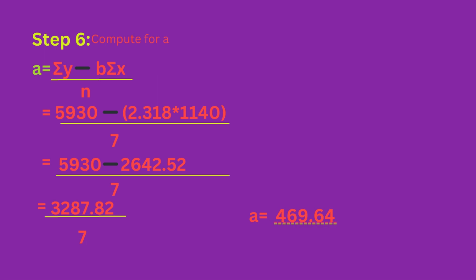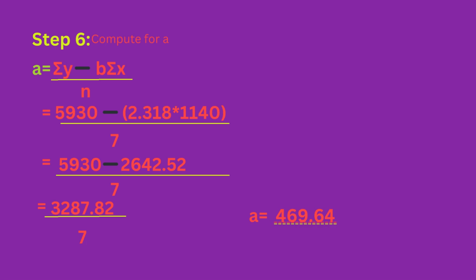So our next step is step 6, where we compute the value of a, where a is equal to summation of y minus b times summation of x, divided by n, which is the number of pairs of data that we have. So it will be equal to 5,930, which is the summation of y, minus the value of b, which we've computed earlier, which is 2.318, multiplied by summation of x, which is 1,140, divided by 7.